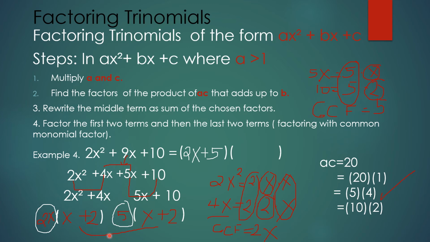Then, ito namang natitirang factor dito na pareho, x plus 2, ay dito nyo naman ilalagay sa kabilang factor or sa kabilang parenthesis. That's it. That's the factored form of 2x squared plus 9x plus 10.